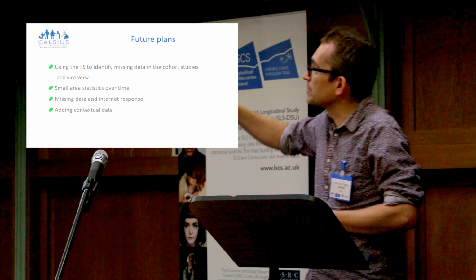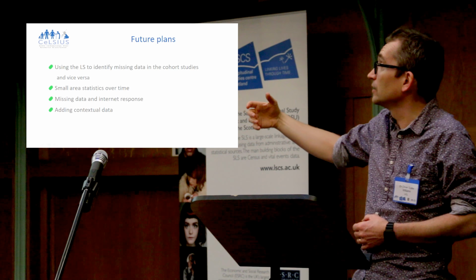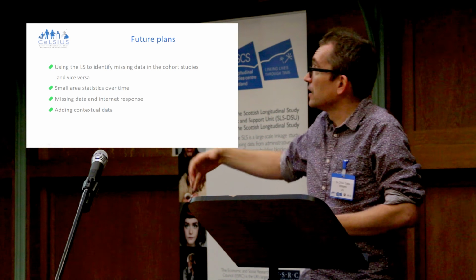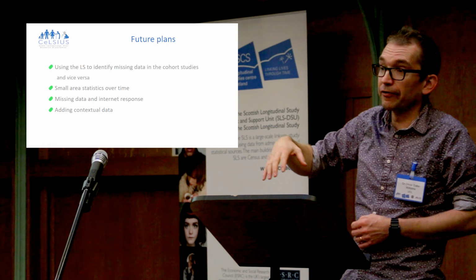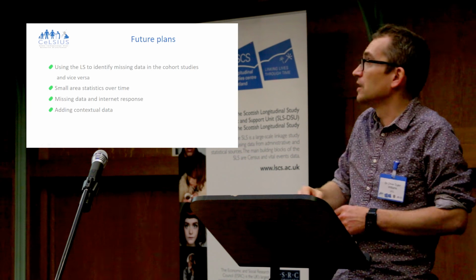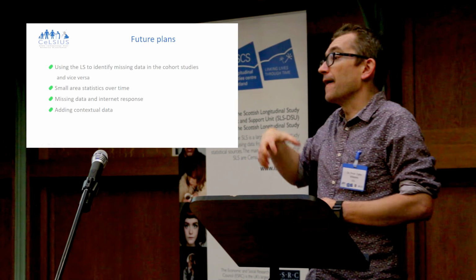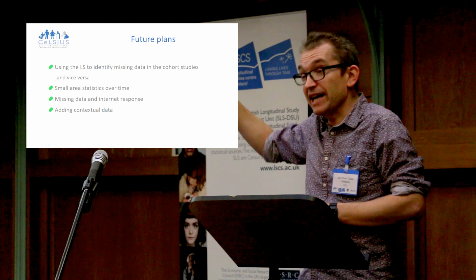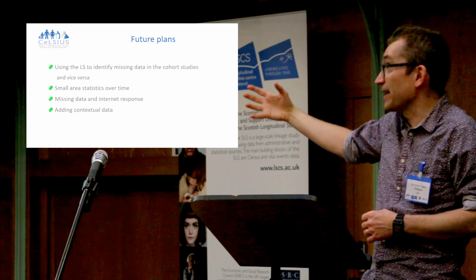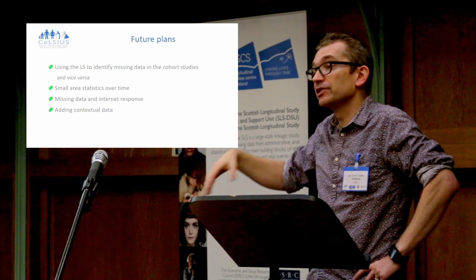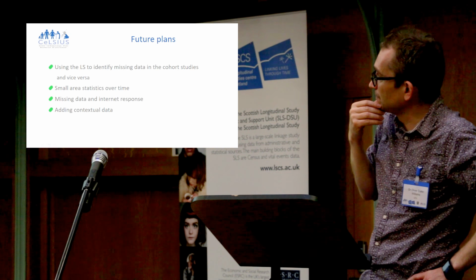We're interested in the way that small area statistics change over time and how we can add contextual data to the longitudinal study. So we're interested in adding small area observations of air pollution, crime statistics, other environmental data, locational data, and things like green space data on a small area level, so people can compare those to demographic characteristics as well.